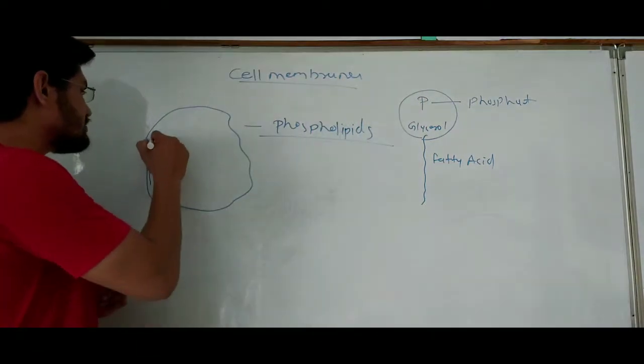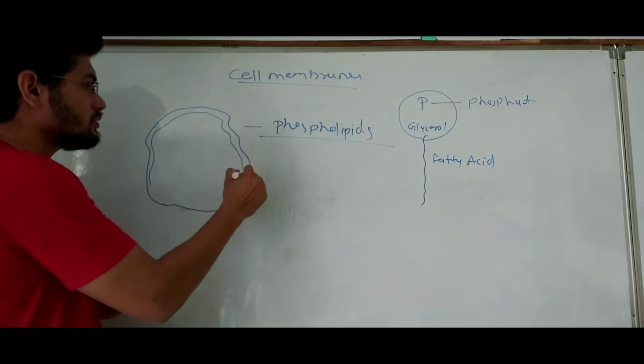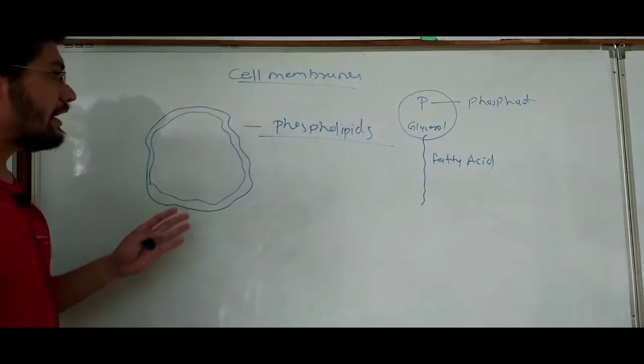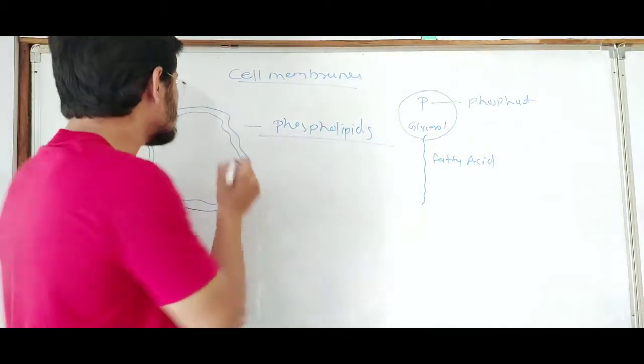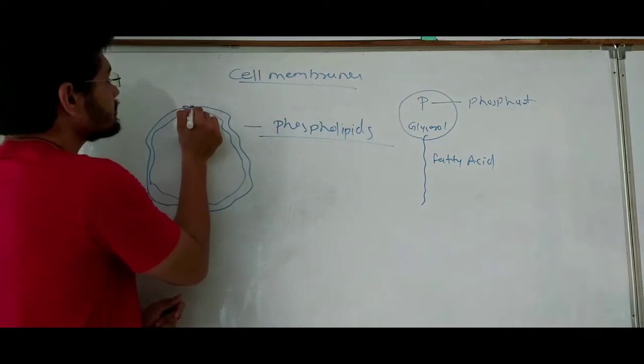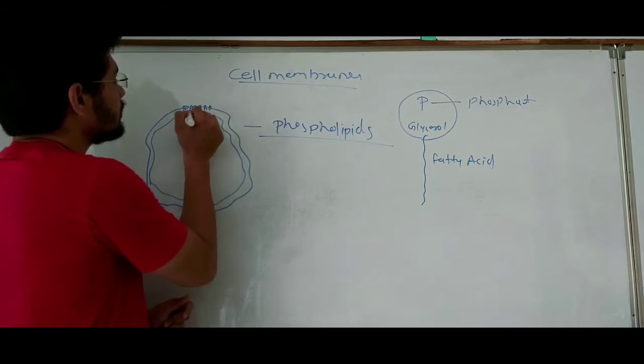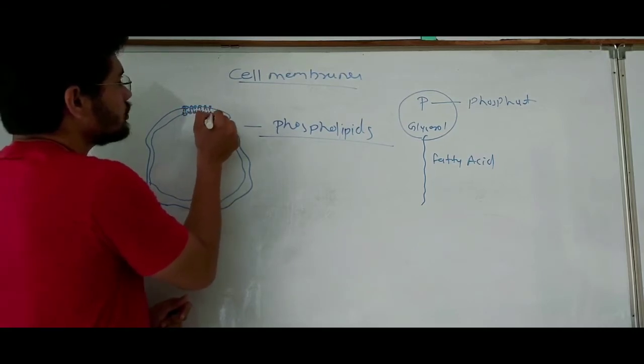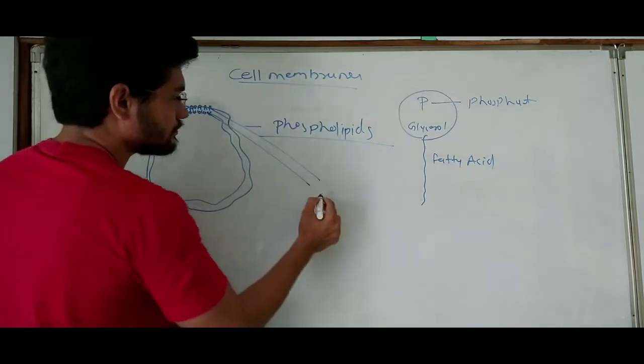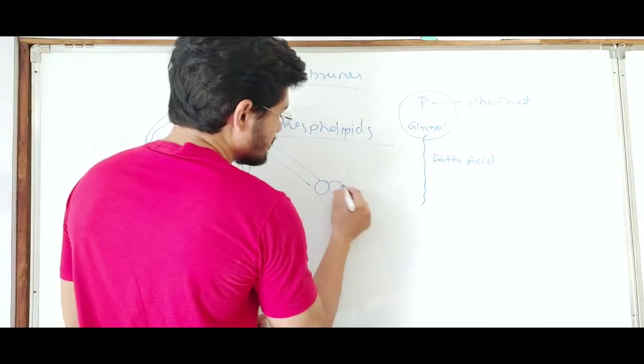So let's say this is our cell membrane and it is made up of these phospholipids. The structure will look like this. Let's zoom in on this part.